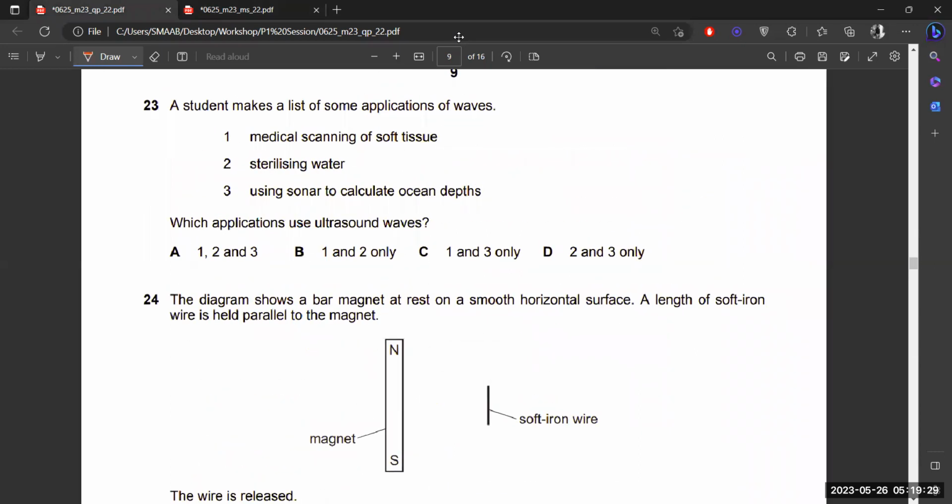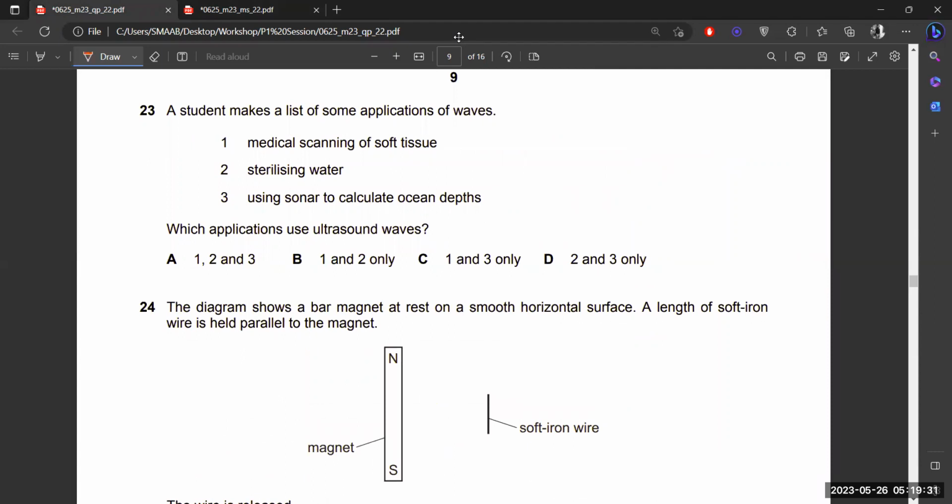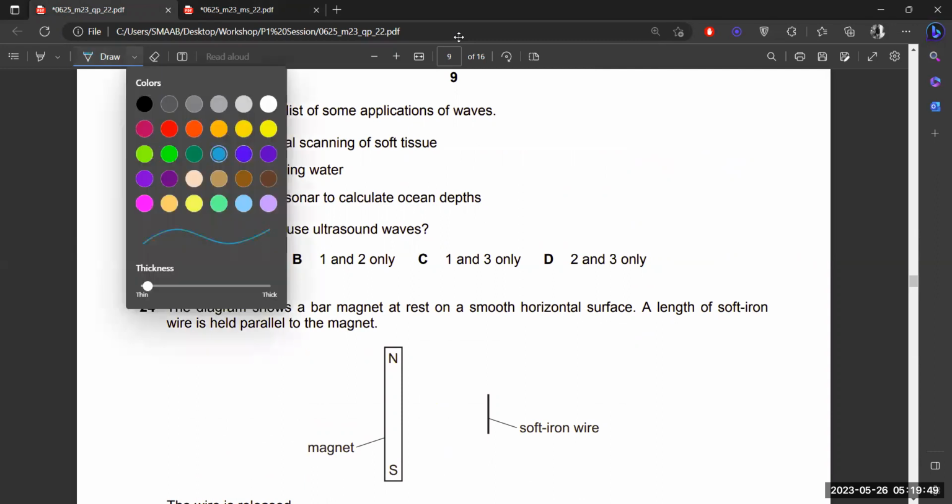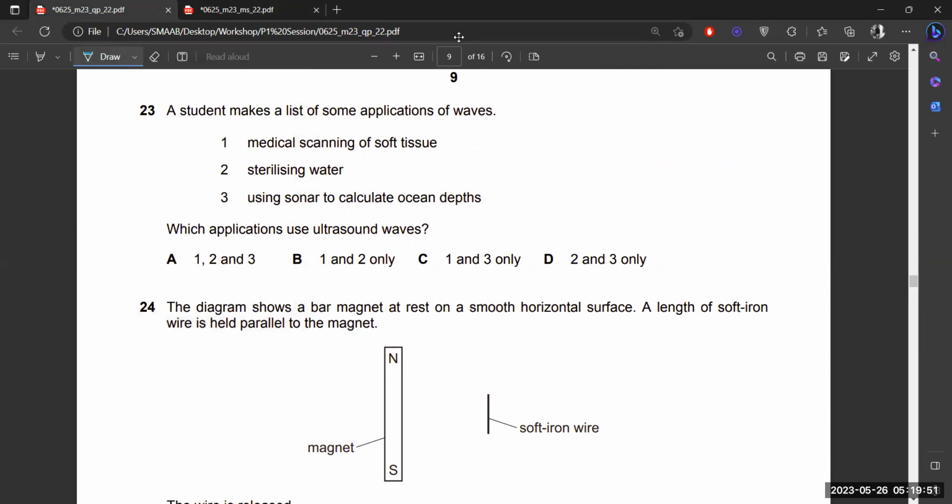Question number 23 is related to ultrasound. A student makes a list of some applications of waves: medical scanning of soft tissue, sterilizing water, using sonar to calculate ocean depths. Which applications use ultrasound waves? We know that we use ultrasound in the medical field, so the first one is right.